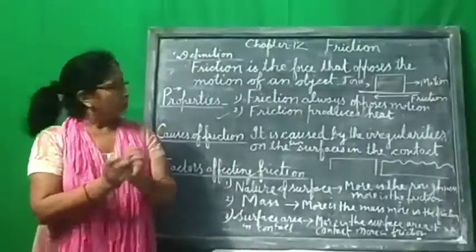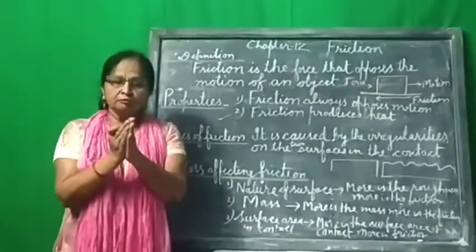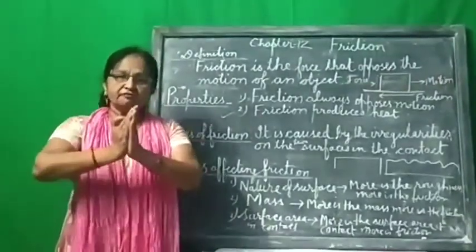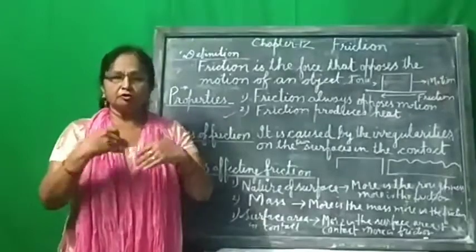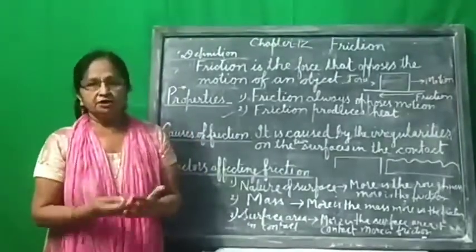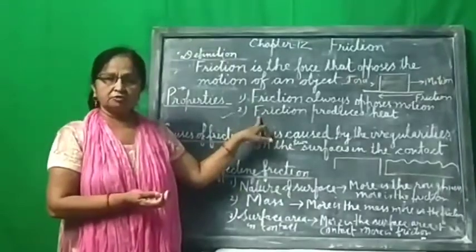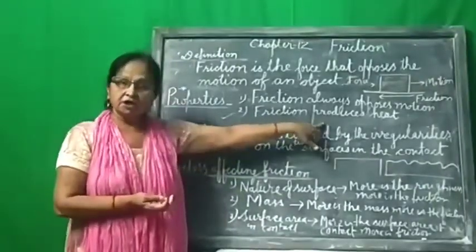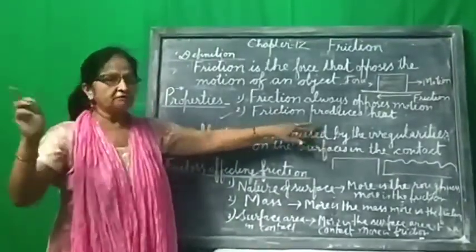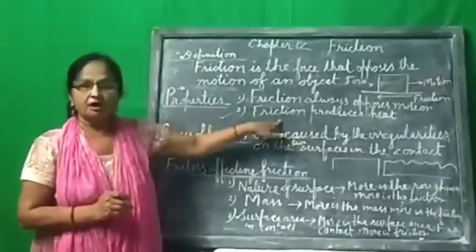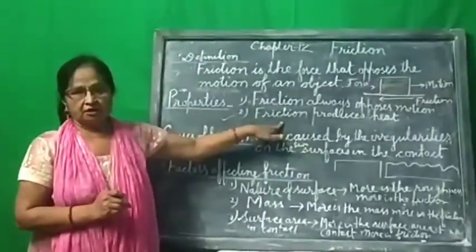Why? Because in two hands friction arises and automatically in your body heat is produced. So two properties I think you understood. Friction produces heat. This property we will see is sometimes harmful in daily life.